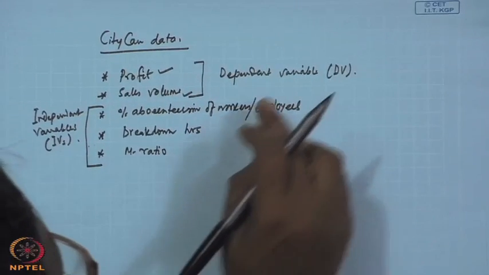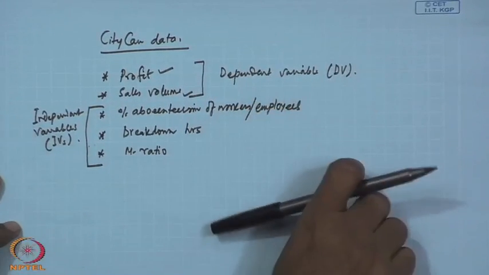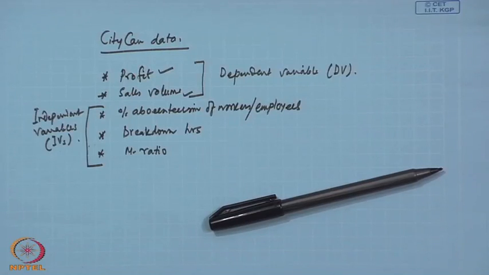Now, what is of interest in this particular case? Here we want to test whether the independent variables are contributing in explaining the dependent variable, one at a time, it is happening or not.